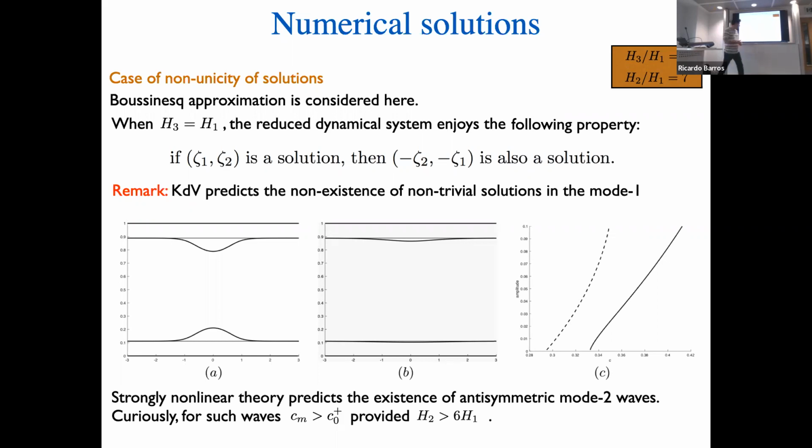And what I see is that if the intermediate layer is thick enough, 6 times higher than the top layer, then, with this the amplitude and this the speed, you see that this family of solutions, coming from the second baroclinic mode, is actually intruding into mode 1.